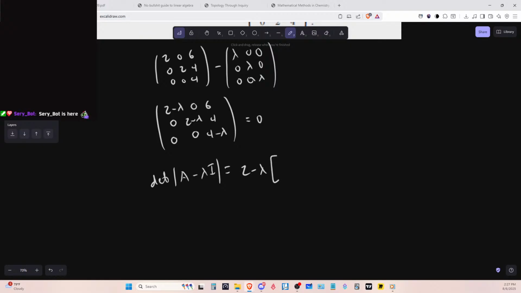So we got 2 minus 2, determinant 4, and I think these will all become, so those are going to go away, so we're left with, so meaning it's going to be like this.